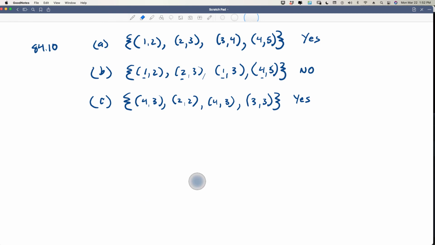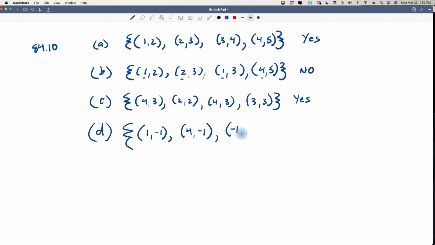All right, let's do the last one here, D, and here are our ordered pairs to look at. We have 1 and negative 1, 4 and negative 1, negative 1 and negative 1, and 3 and negative 2. So we have 1, 4, negative 1, and 3 in our domain.